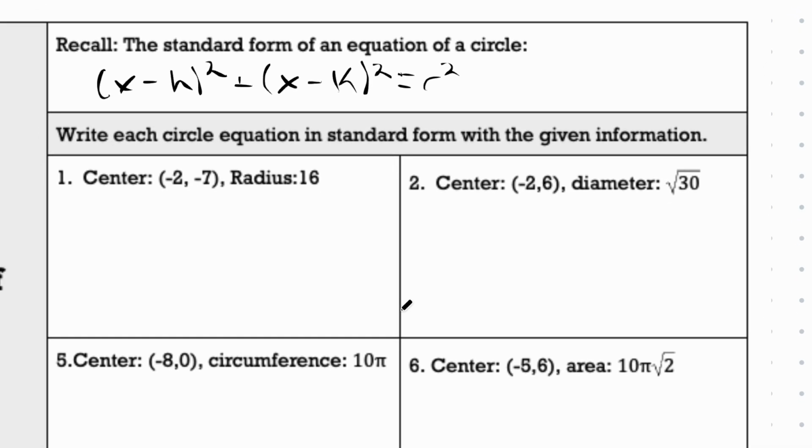Write each circle equation in standard form with the given information. So our center is negative 2, negative 7. Let's first deal with that. So x minus negative 2 squared. Hopefully you realize that this is just the same thing as saying x plus 2. So I'm going to rewrite it as x plus 2.